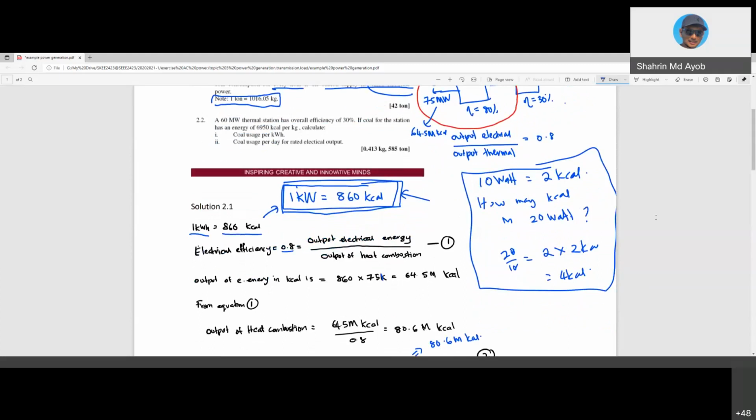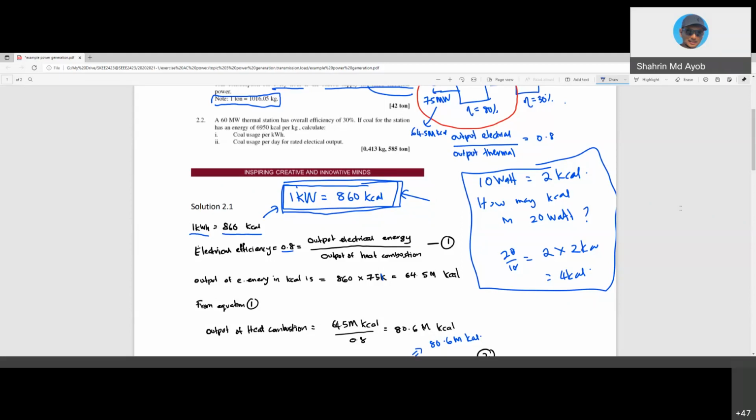Okay, what is rate of energy? As mentioned before, please be noted that watt and watt hour are not the same.